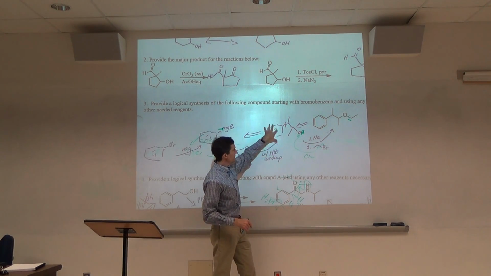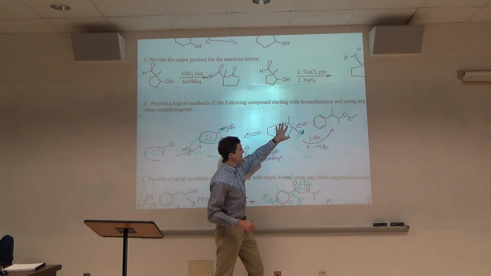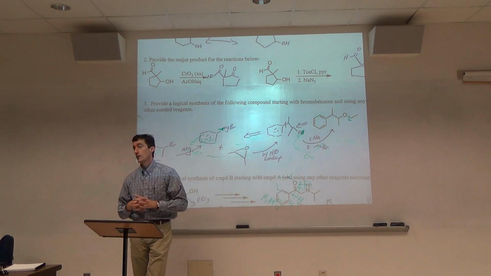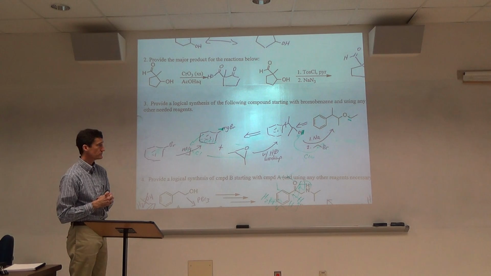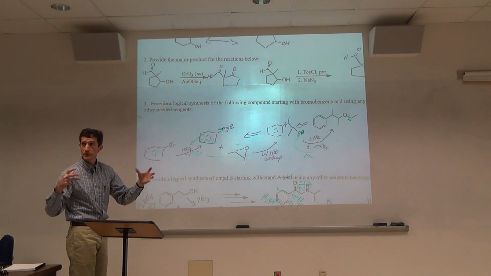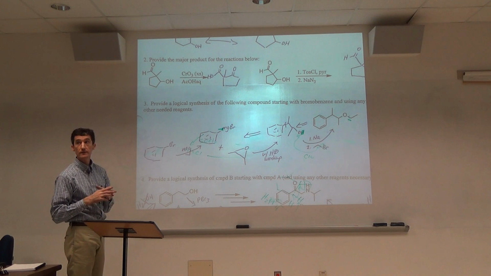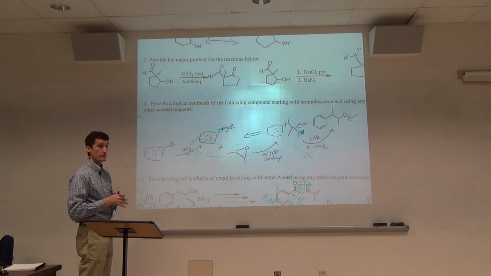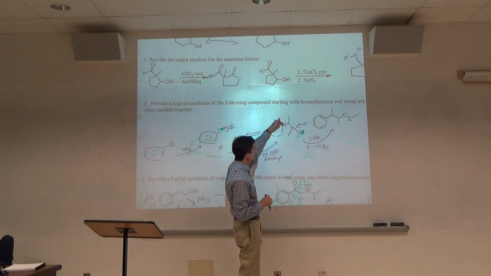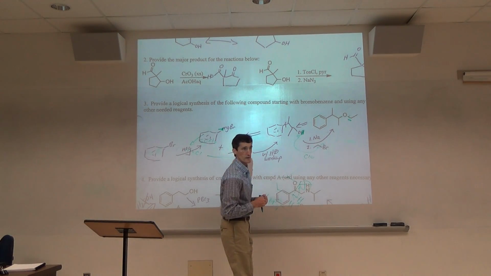Now the goal is, how do you make this alcohol? Because if we can make that alcohol, we know how to make that. Well, a great way to make alcohols, especially if you want to bring in 2 bigger fragments and combine them, is what? Epoxide chemistry. Can you find a nucleophile carbon-carbon OH?